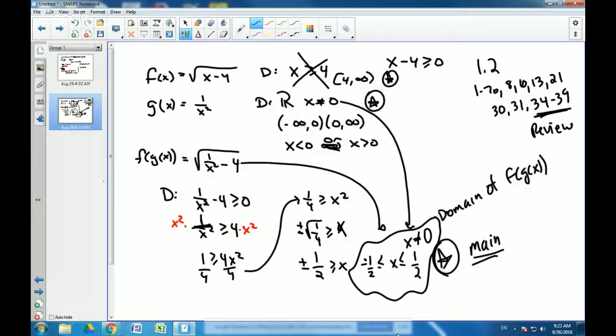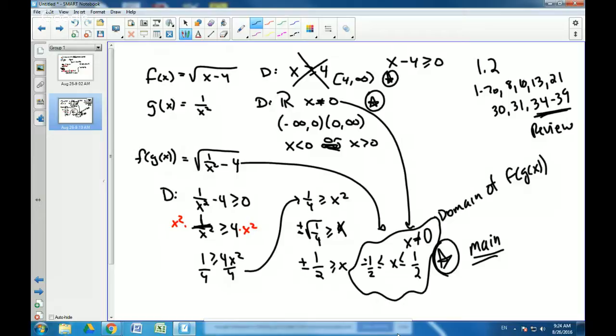I don't understand number 7. So f of g of x, I'm putting this one inside that x.